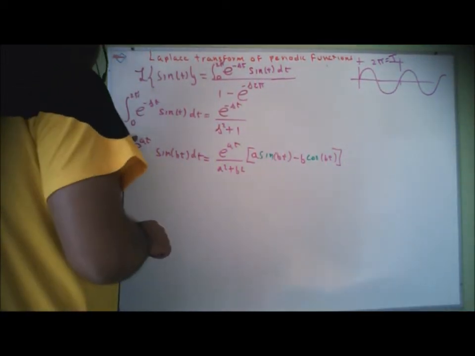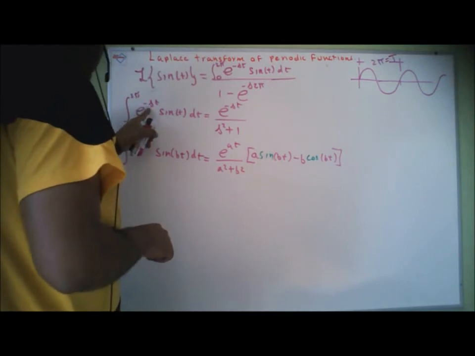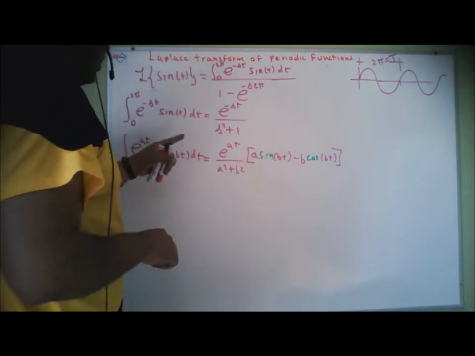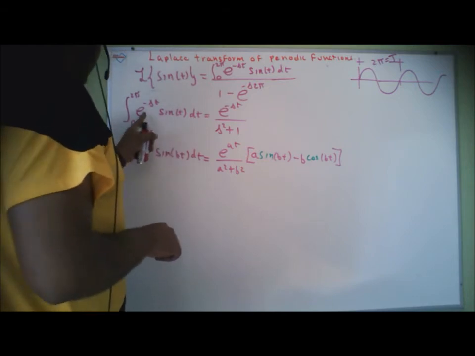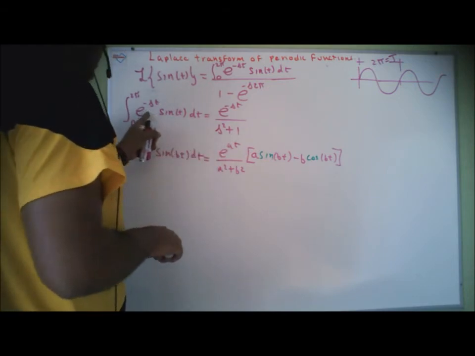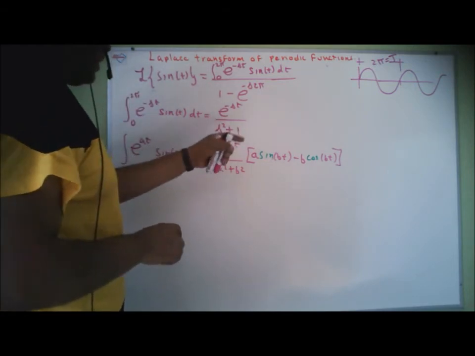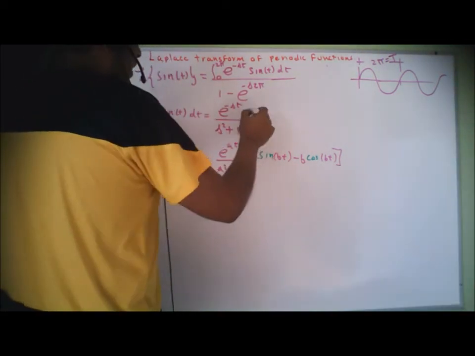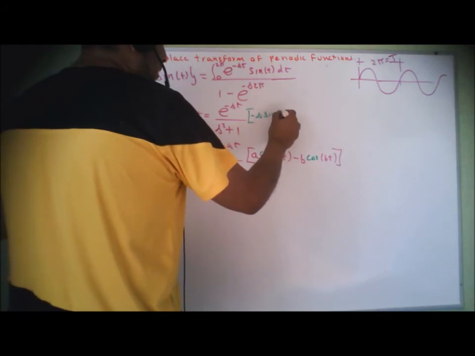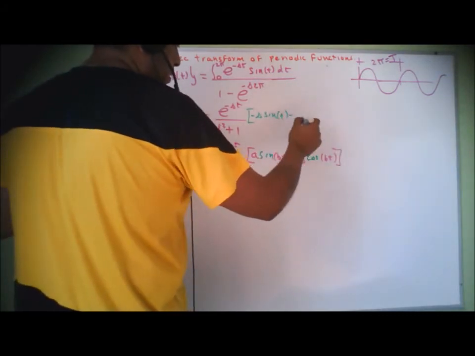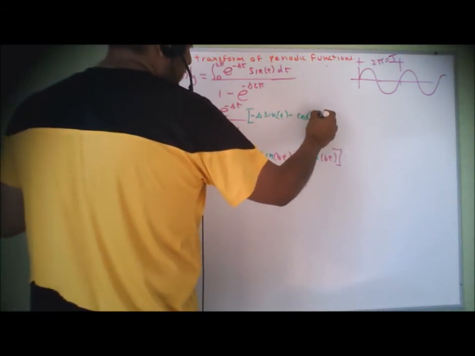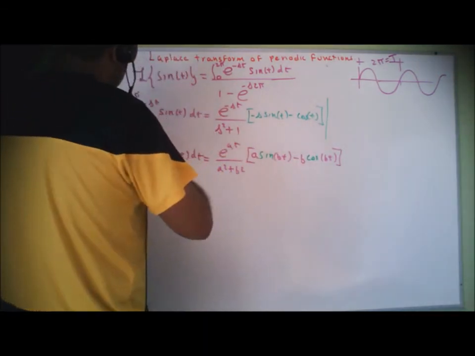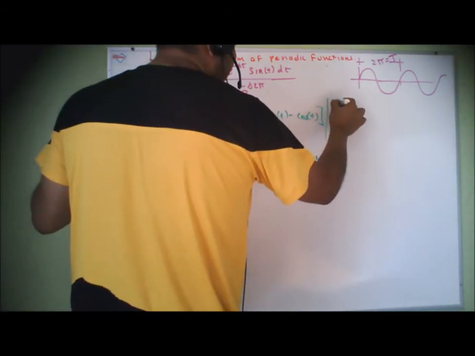In this case, a happens to be minus s and b happens to be just 1, so that is why a squared plus b squared is s squared plus 1, and here e^(-st), and then minus s sine of t minus the cosine of t, but still we have to evaluate this from 0 to 2 pi.